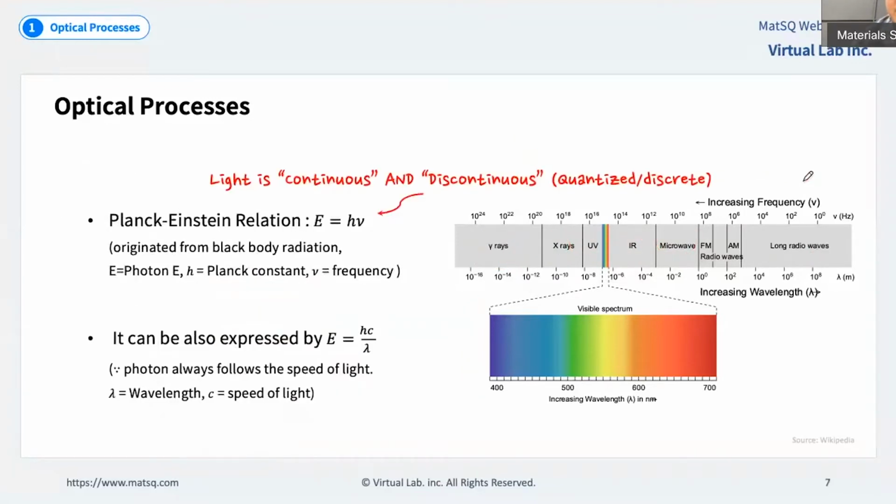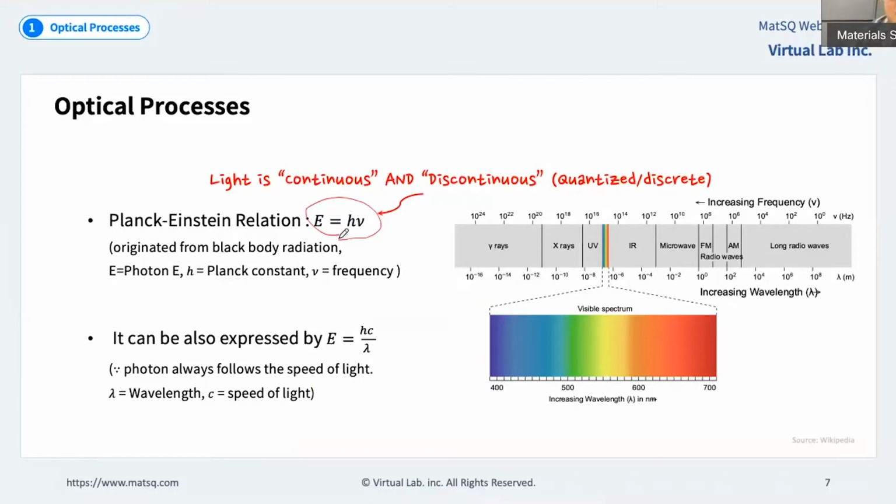According to the Planck-Einstein relation, which actually originated from black body radiation, photon energy can be expressed by h nu, like this: E equals h nu, where E is photon energy, h is the Planck constant, and nu is the frequency.